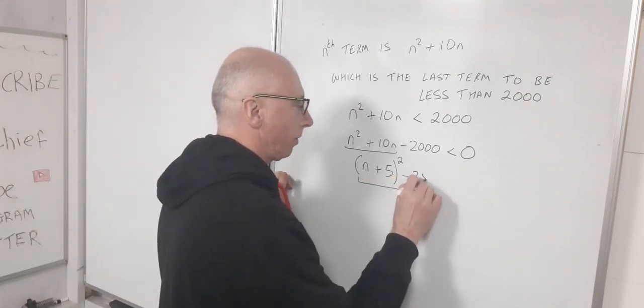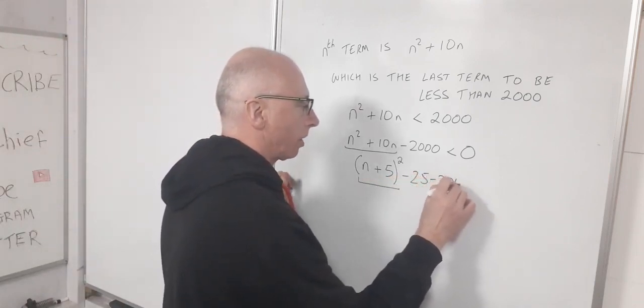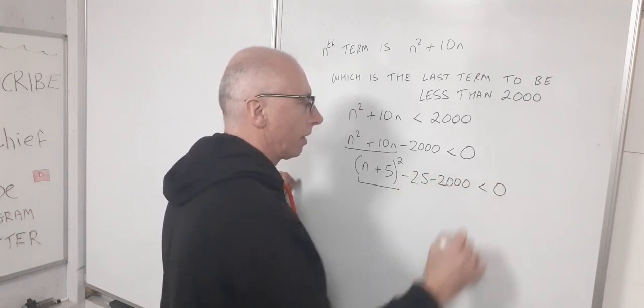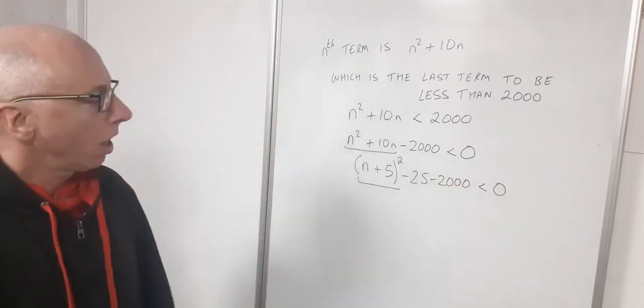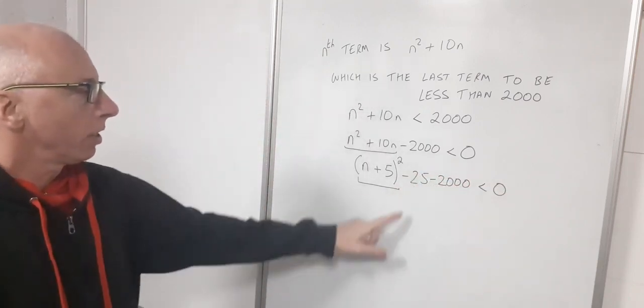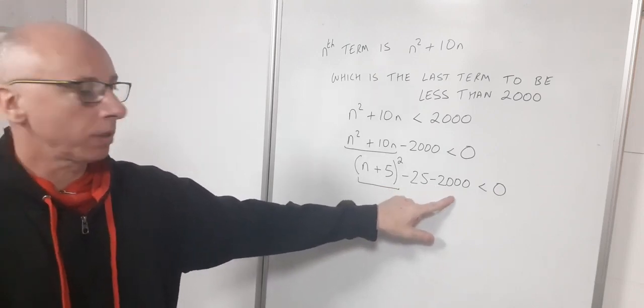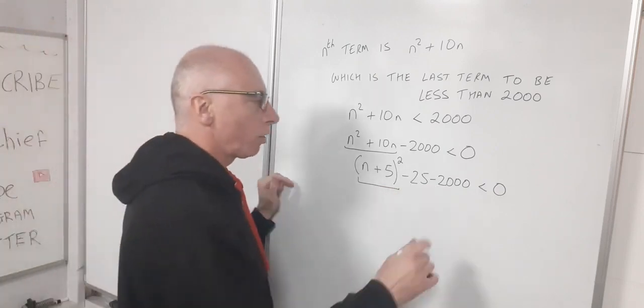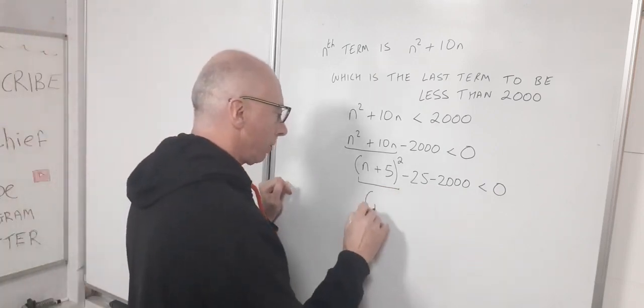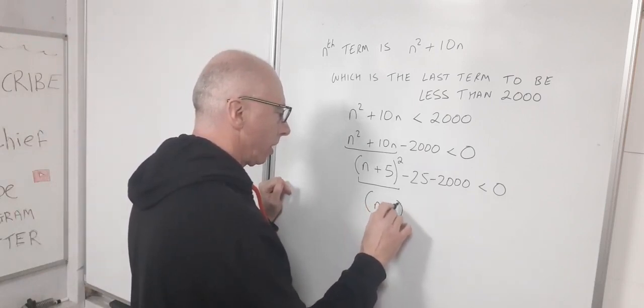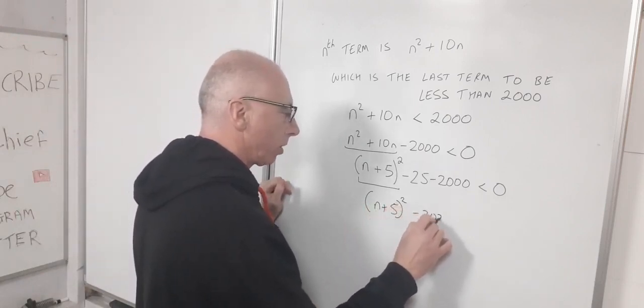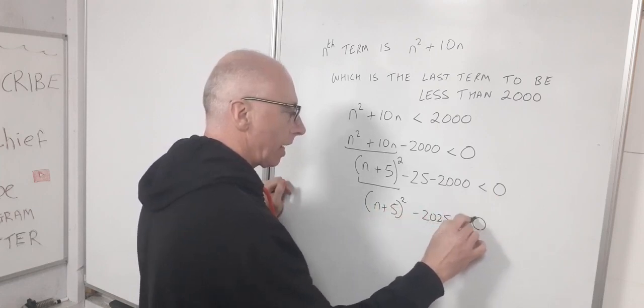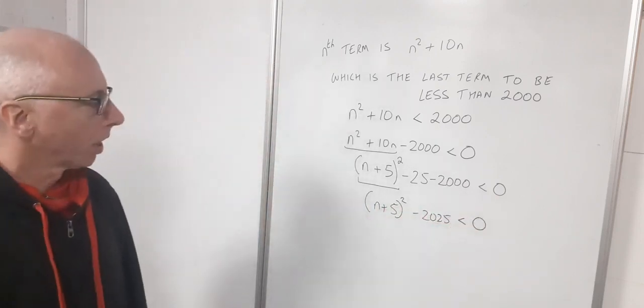So minus 25 minus 2000 is less than 0. Minus 25 minus 2000, I can write as minus 2025. So I've got n plus 5 squared minus 2025 is less than 0.